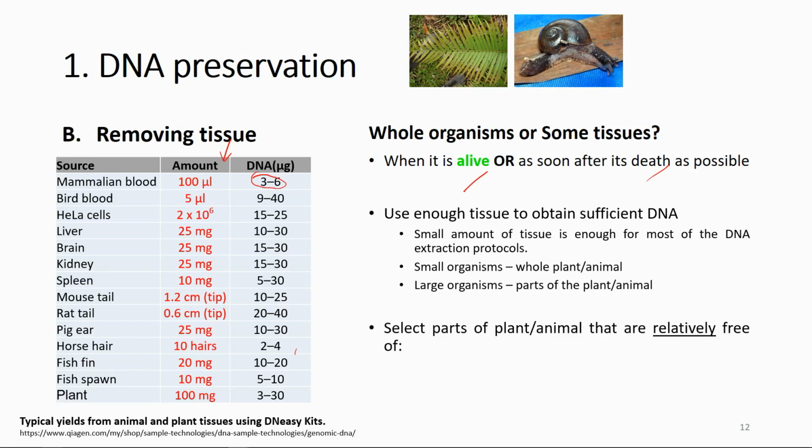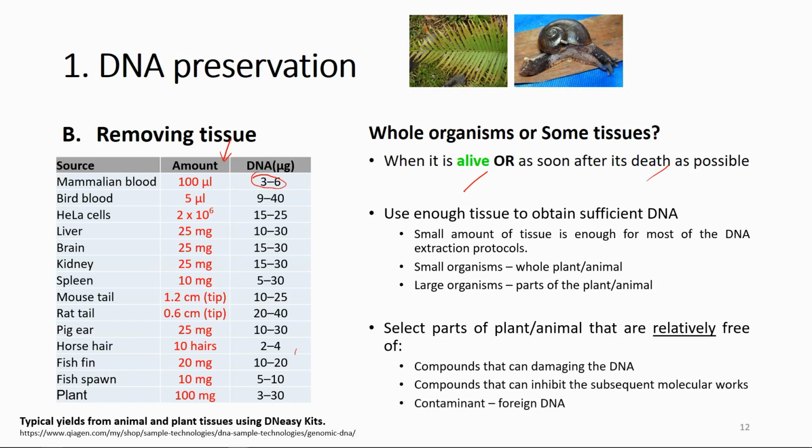You have to select the part of the plant or animal that is relatively free from compounds that can damage the DNA, compounds that can inhibit the subsequent molecular work, for example PCR, and also foreign DNA.